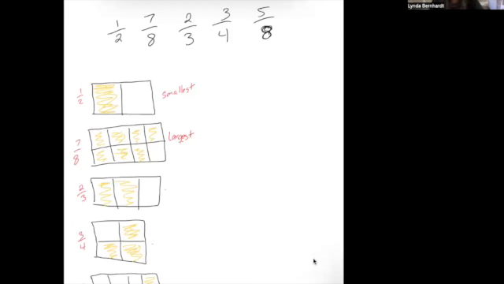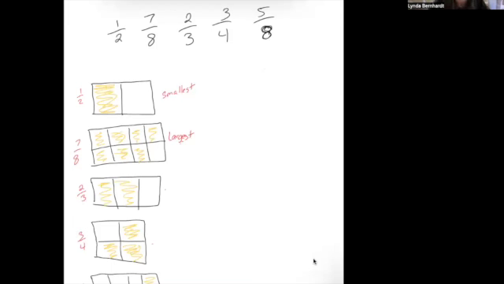So let's see, we need to find the least common multiple for 2, 8, 3, and 4. Well, we already know 3 does not go into 8 because it would be 3, 6, 9. But we do know 12. Does 8 go into 12? No, because 8 and 8 is 16. So we have to keep going up.